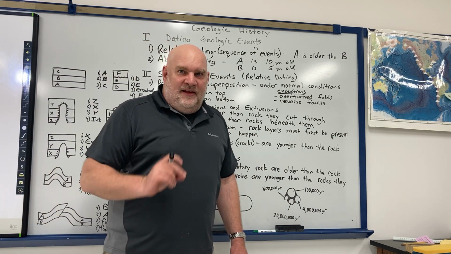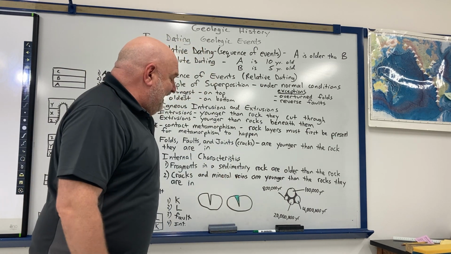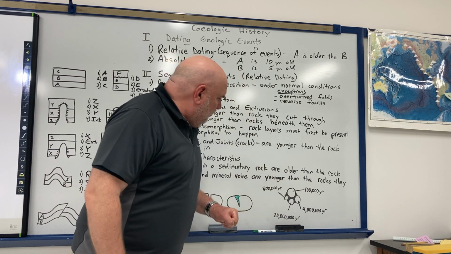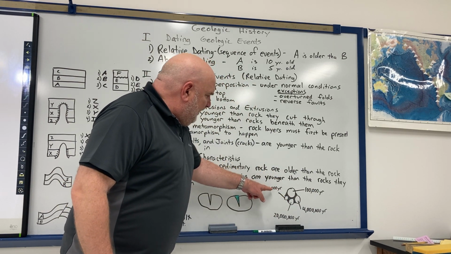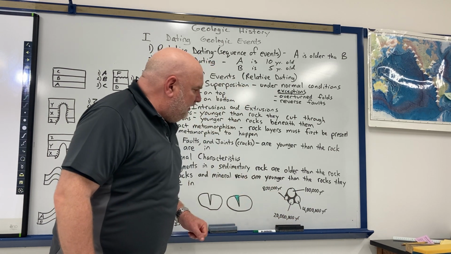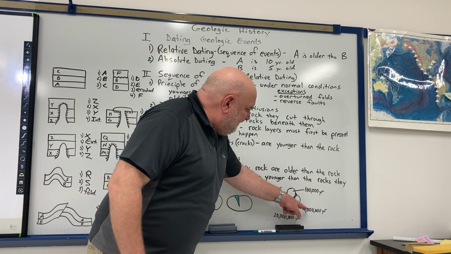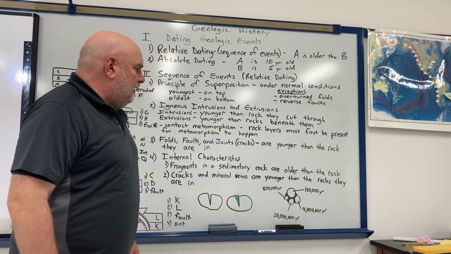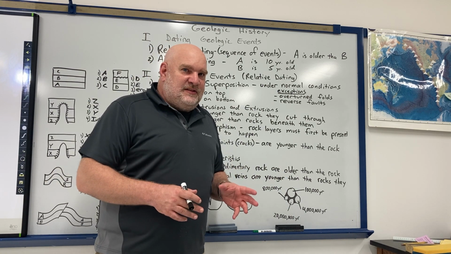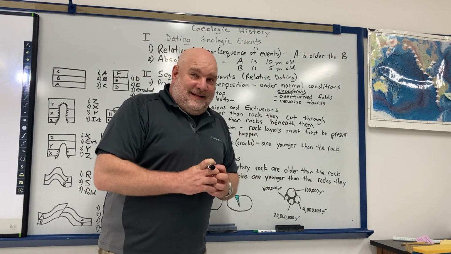Let's say I take pieces of those pebbles and find the exact ages of them. This pebble right here is 100,000 years old. This pebble right there is 800,000 years old. That pebble right there is 20 million years old. That pebble right there is 4 million years old. Now, all those rocks had to exist for them to be cemented together.